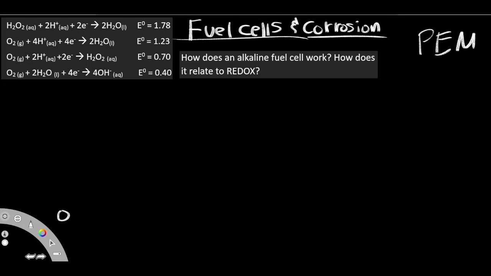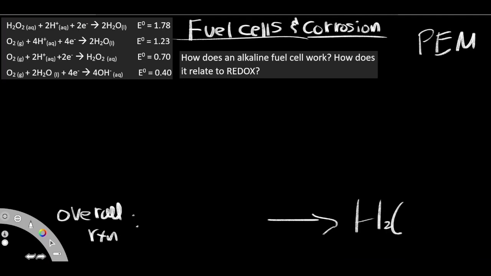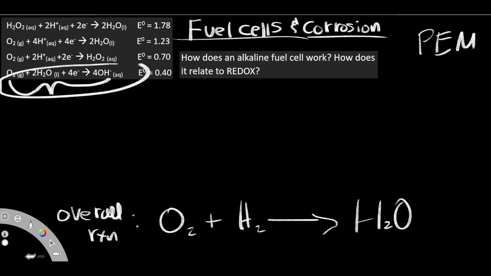So again, we want our overall reaction to be this. It's got to produce our H2O, and of course our reactants need to be our oxygen and our hydrogens. I'm going to give you a little hint here. We're going to be using this one. That's what is used in an alkaline fuel cell.